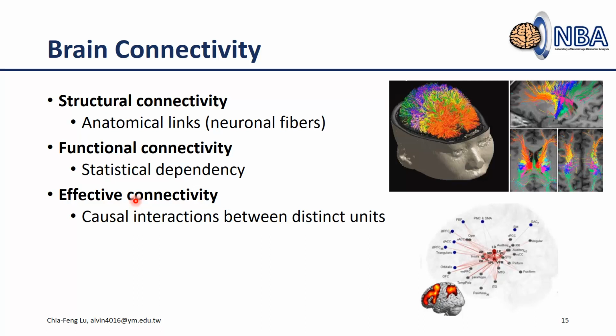So if you have a specific region or specific model, then you can use effective connectivity. But the first two are whole brain-wide analyses. You don't need to focus on just 1 or 2 or 5 regions. You can put all the brain regions, 100 regions, into this kind of structural and functional connectivity analysis.